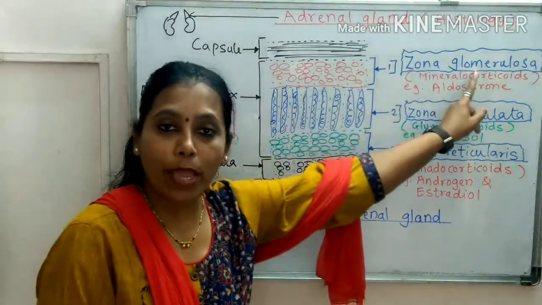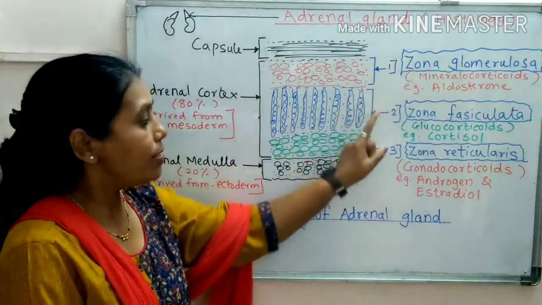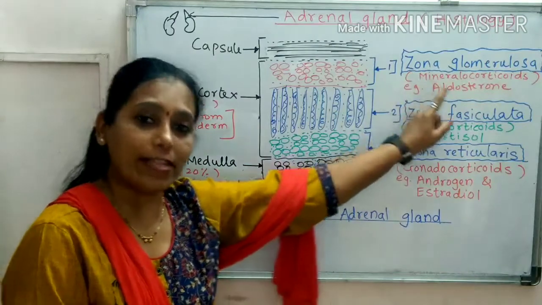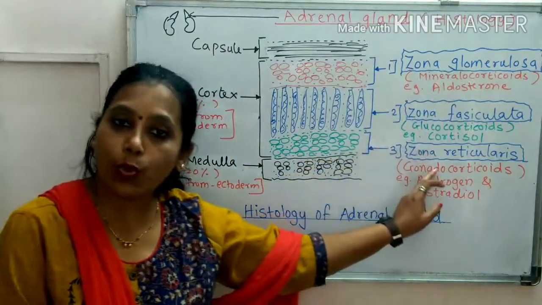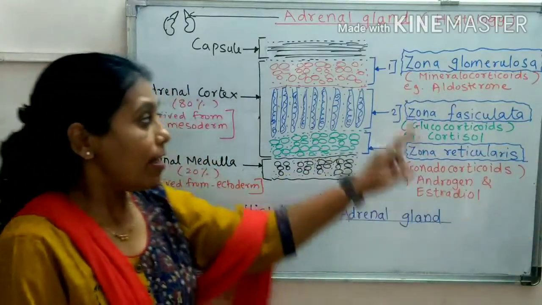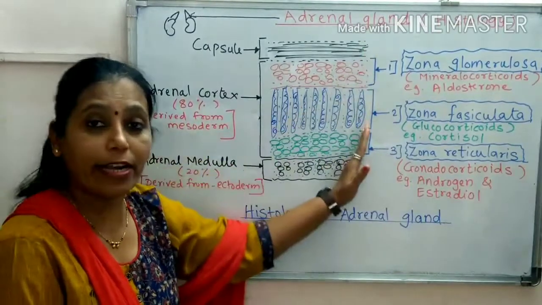Zona glomerulosa. Now zona means layer. This is the first layer. The second layer is zona fasciculata, and the third layer is called zona reticularis. These three layers are present in the cortex region.